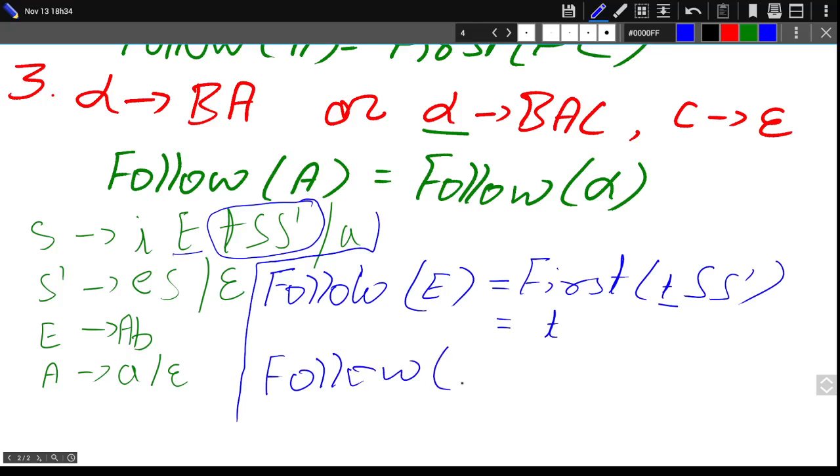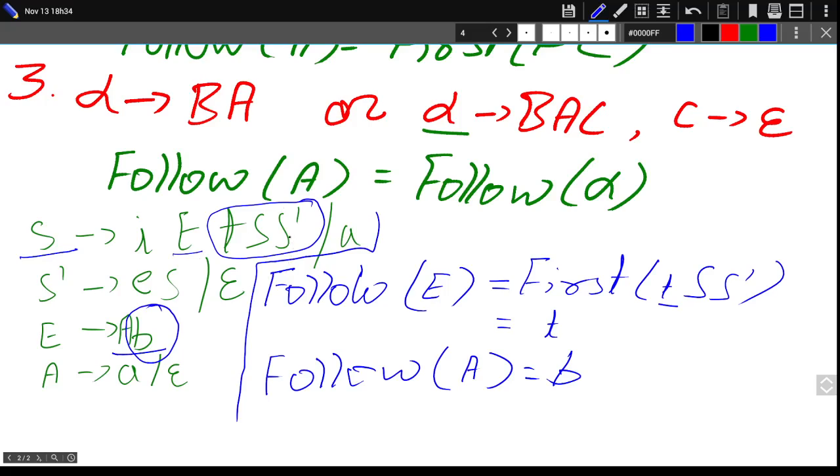Now if you want to find follow of something like A, you see where A appeared on the right hand side. You find the first of this part, it will be B. If you try to find the follow of S, it will be dollar.